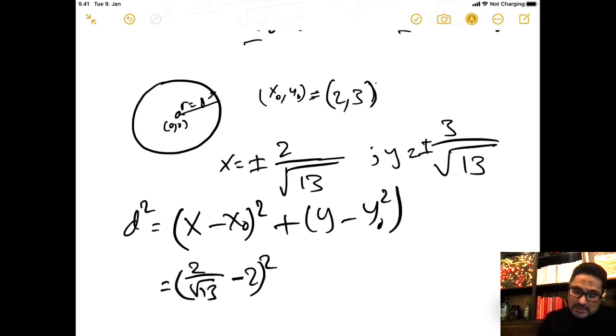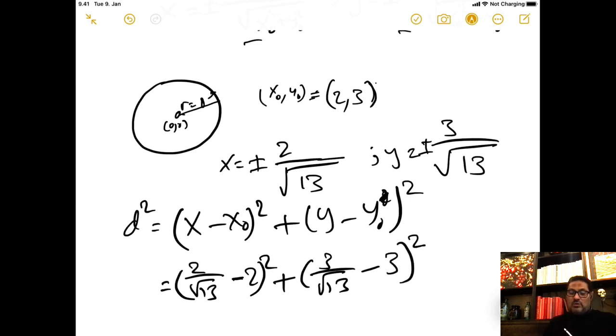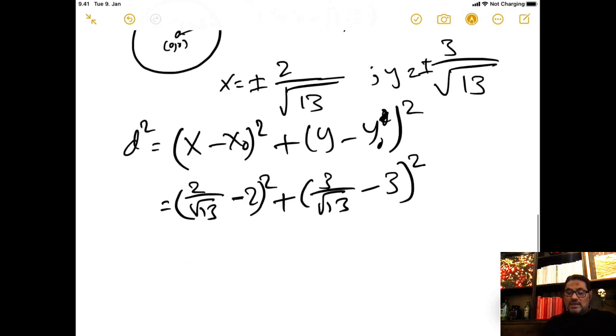Okay, and plus y is 3 divided by square root of 13 minus y0 which is 3, with the square outside. Okay, now you can compute this one, and you can try with the negative sign.